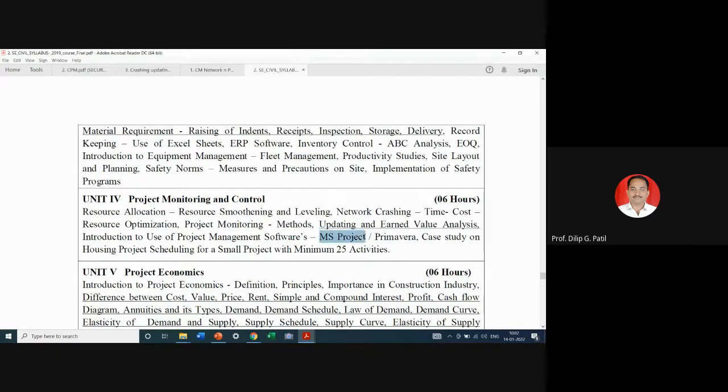But during the execution part, we need to continuously monitor the progress of the project, whether that particular activity is started in time, whether the required resources are available on site, and accordingly the progress of that particular activity is in line with our management or our planning.